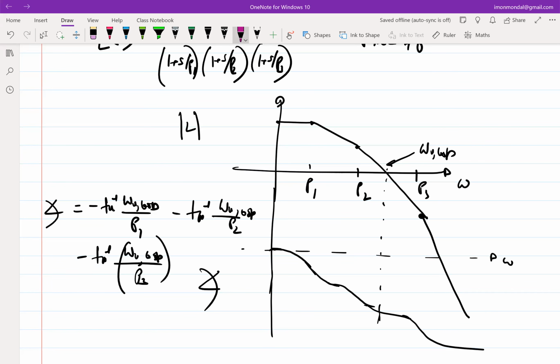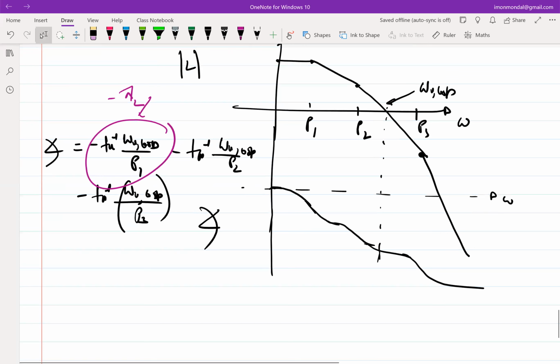So this guy clearly is giving me minus pi by 2. And in the way I have drawn, what can you comment on this guy? Is it more than 45, less than 45? More, right? Because the ratio is more than 1. So it will give you more than 45, and I will get an additional contribution due to this also. So clearly it's not critically damped.